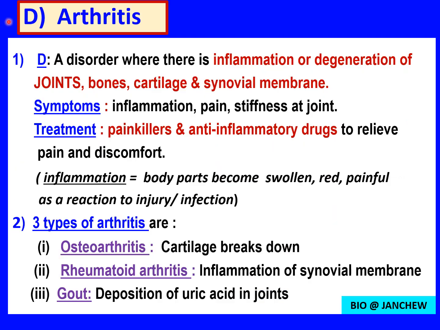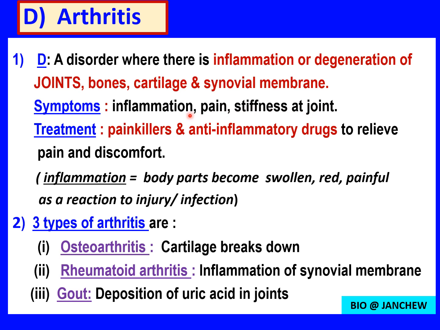The fourth type of disorder related to the musculoskeletal system is arthritis. Arthritis is a disorder where there is inflammation or degeneration of joints, bones, cartilage, and synovial membrane, all at the joints. The symptoms include inflammation, pain, and stiffness at the joint.